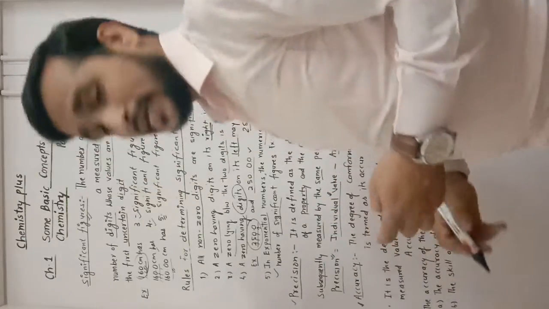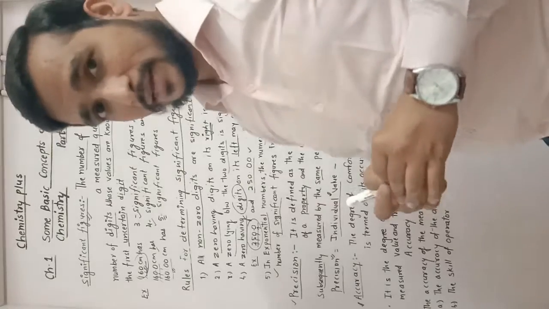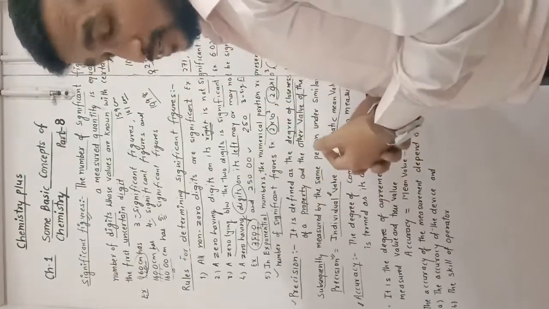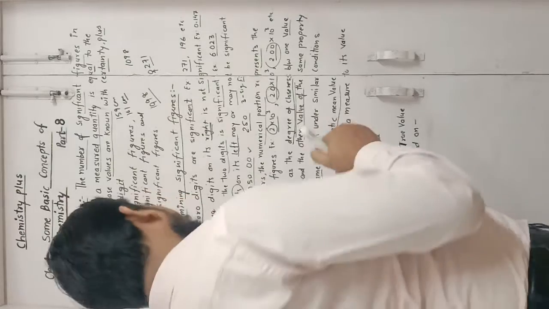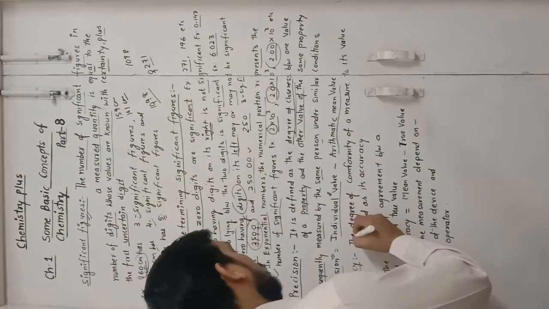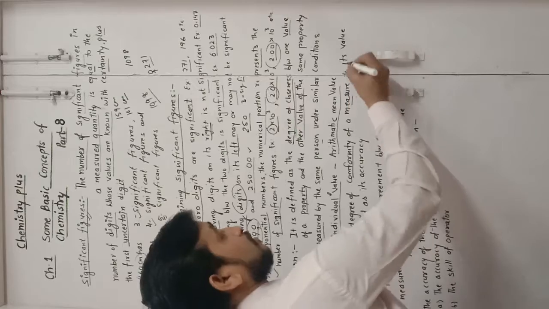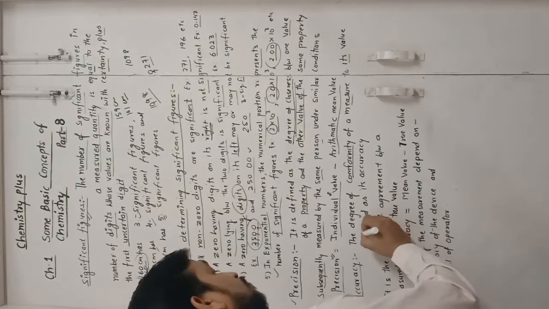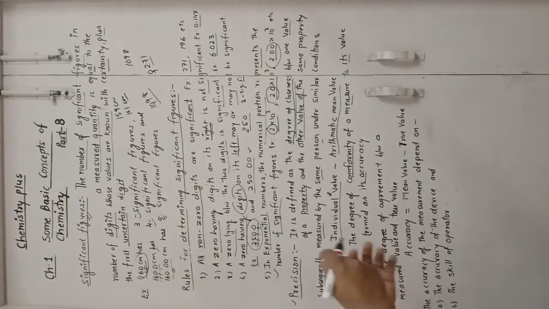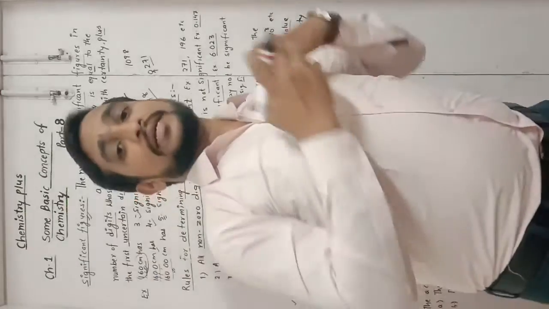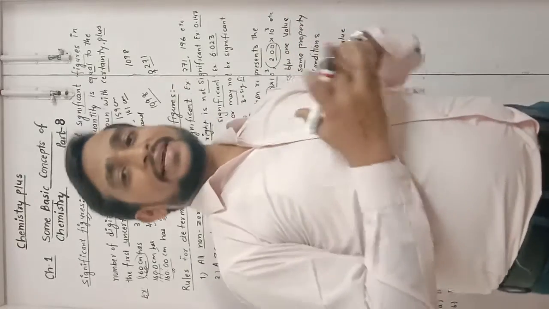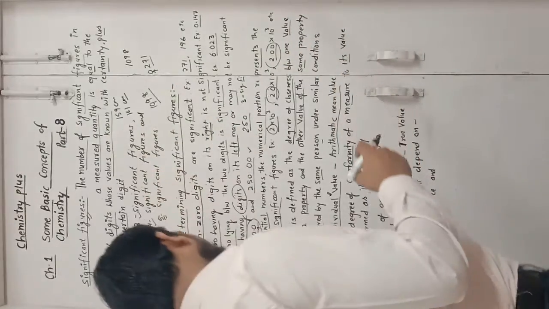The next term is accuracy, meaning how accurately the physical quantity is measured by the individual. It is called the degree of conformity of a measure to its true value, meaning how closely the physical quantity measured by a person conforms to it.